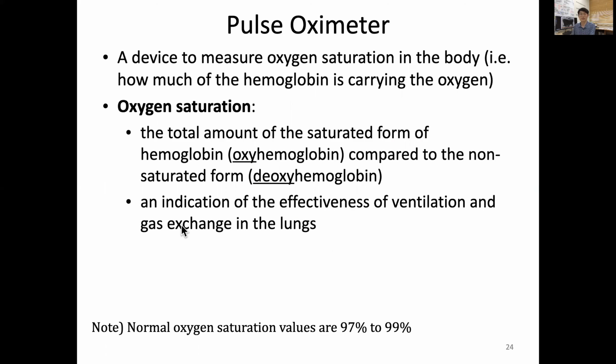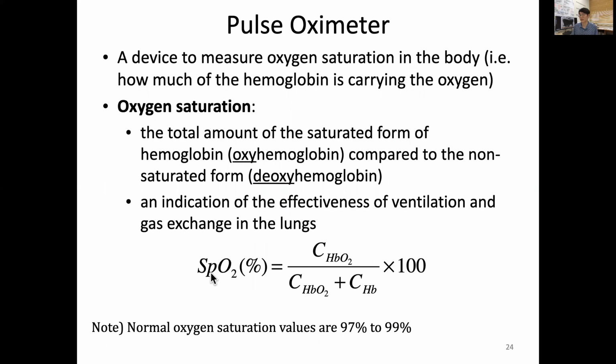Let me give you a formula: the percentage of oxygen saturation is oxyhemoglobin divided by the total hemoglobin concentration, where total hemoglobin is composed of oxy- and deoxyhemoglobin, multiplied by 100 to make a percent.